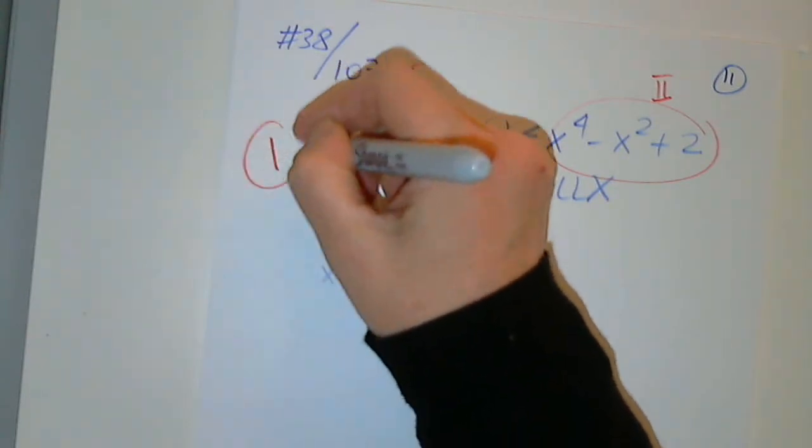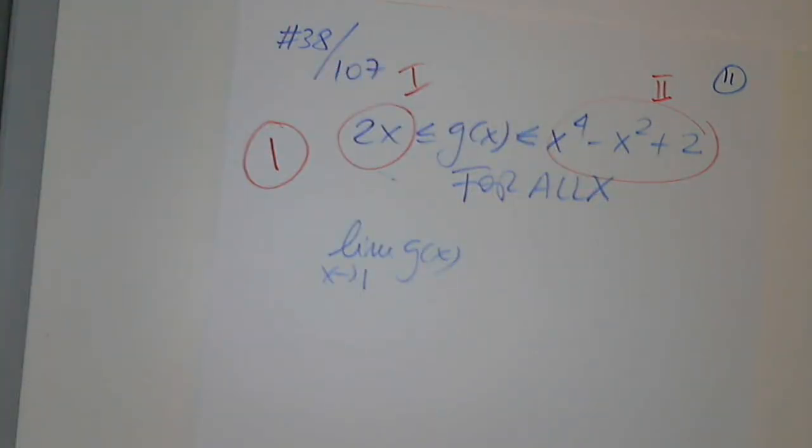And this is the first hypothesis of the squeeze theorem. So this is already given to us. We do not have to determine the function from below and the function from above. We're given that the function from below is 2x. The function from above is x to the 4th minus x squared plus 2. And we have g of x somewhere in between.